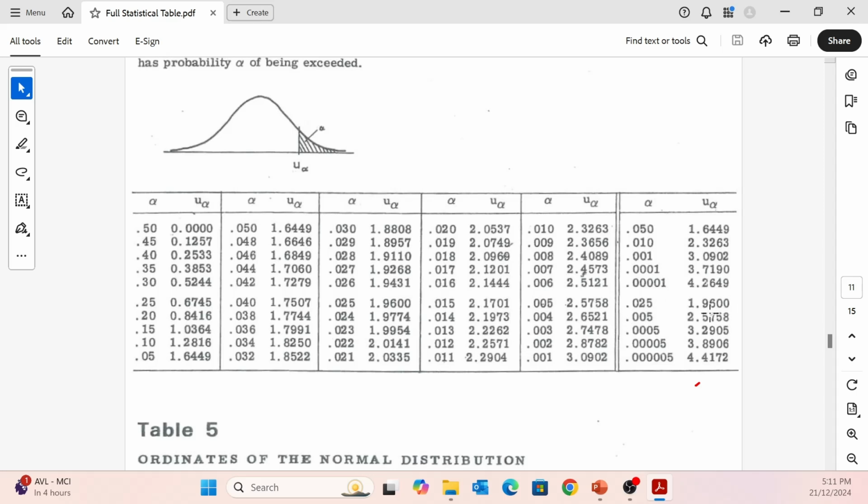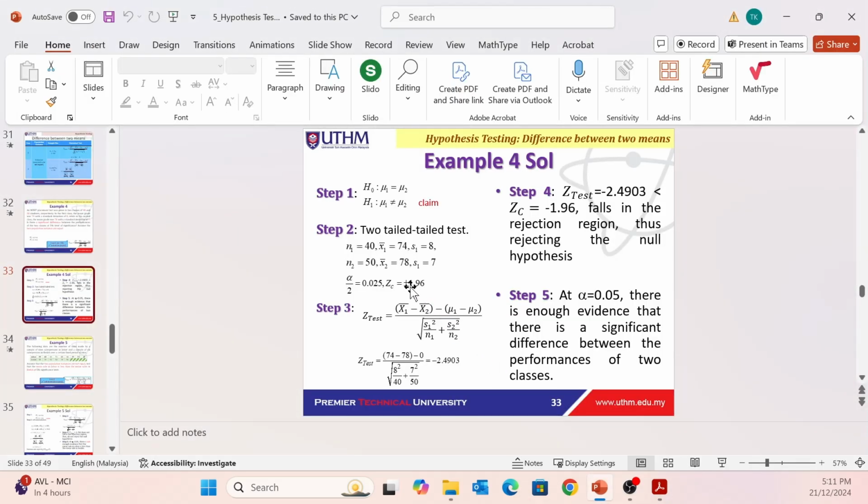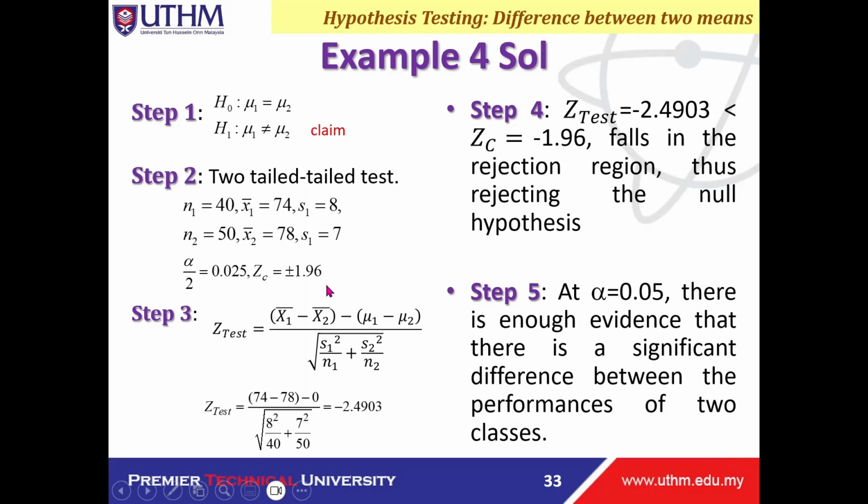So the Z critical is 1.96, plus or minus 1.96 because it is two-tailed.